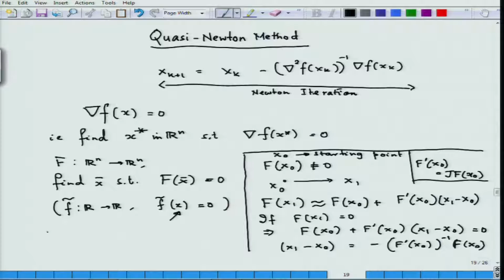Now, just put capital F as the gradient of f, and then you get the Newton iteration.